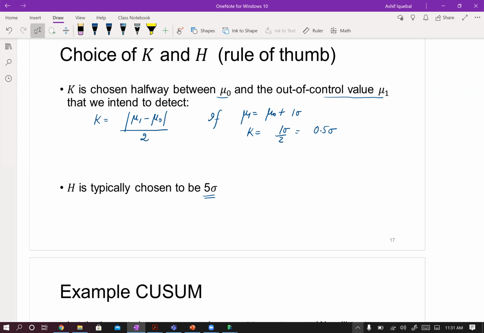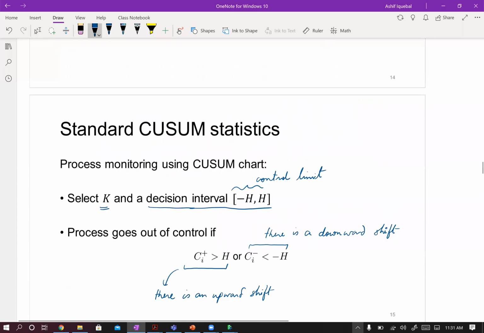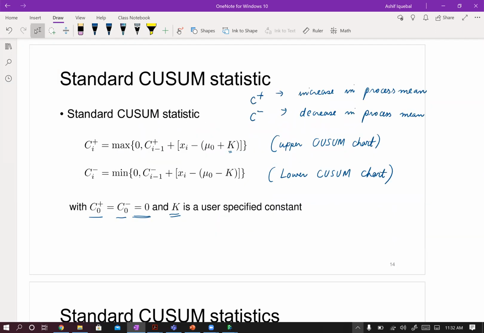Now, just to give you some more insights here, when you construct your CUSUM control chart for Ci plus, if you go back to the formula, Ci plus is the max of 0 comma the big term here, right?